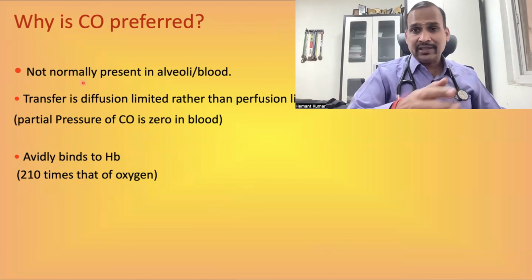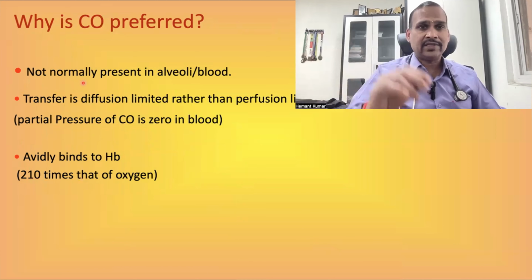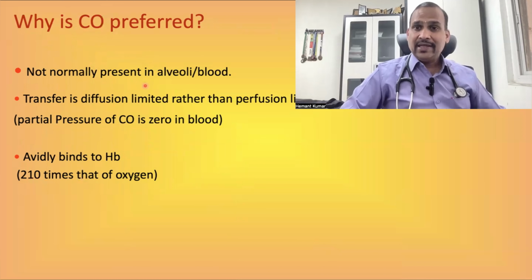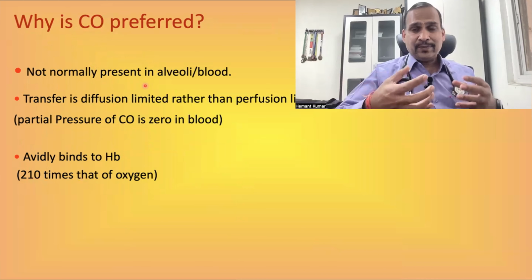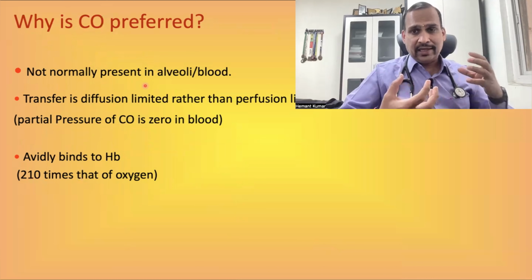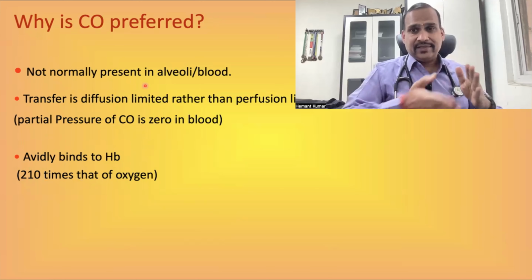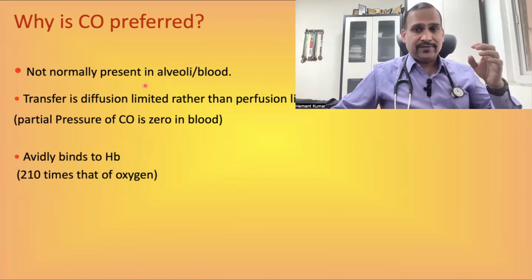We are not taking other gases like oxygen and carbon dioxide, because carbon monoxide is normally not present in alveoli or blood. While oxygen is there in blood capillaries, there is a partial pressure of oxygen in alveoli and a partial pressure of oxygen in capillaries. So there is a gradient. The more the gradient, the more transfer of oxygen.